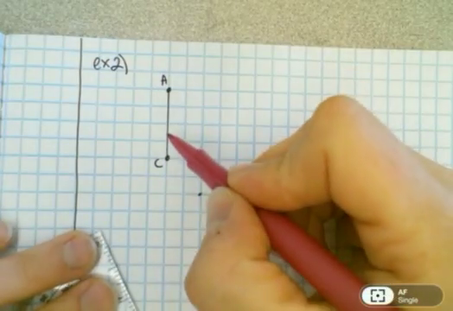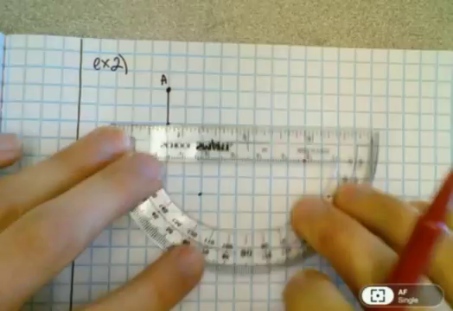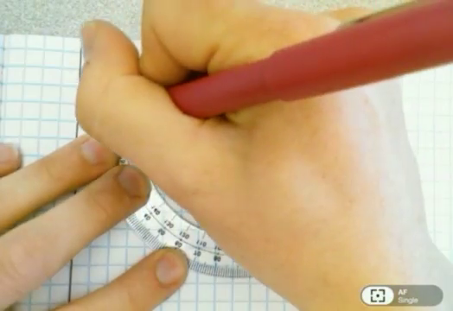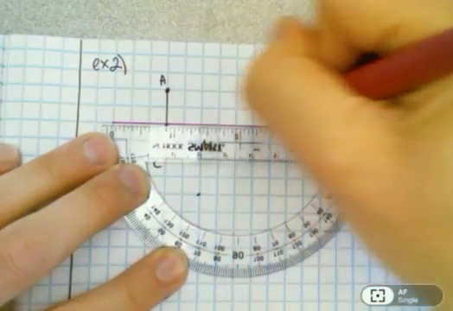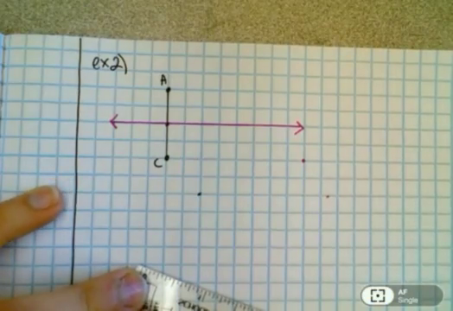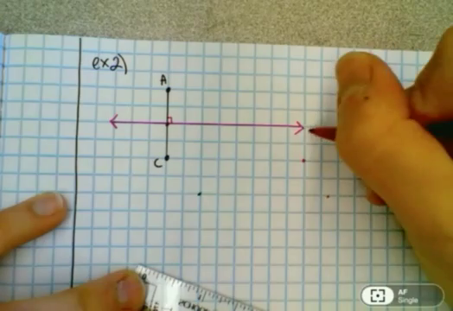So that means I need to locate the midpoint and then draw a line that hits that in a perpendicular way. So that purple line that I drew is a perpendicular bisector. And we can label that.